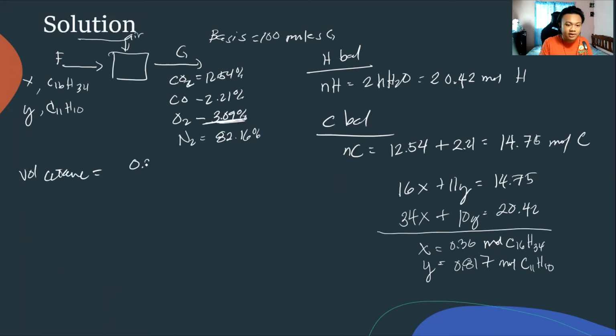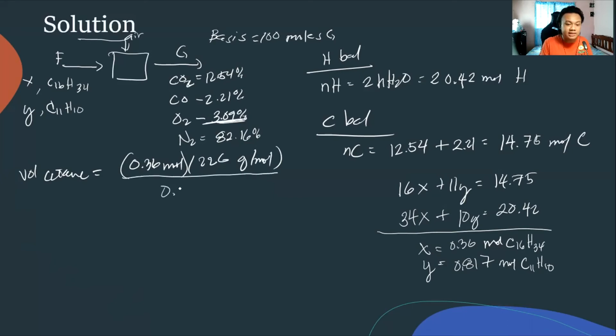We have 0.36 moles of that, and then we get the mass by using the molar mass, which is 226 grams per mole. And then we divide that by its density.